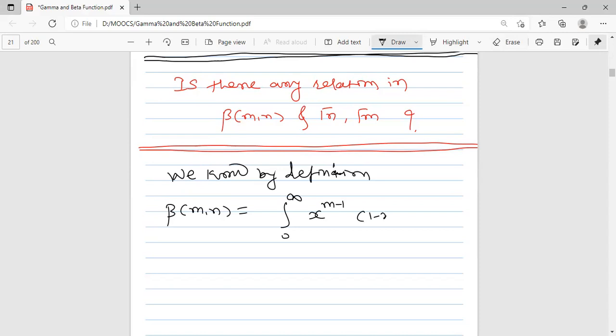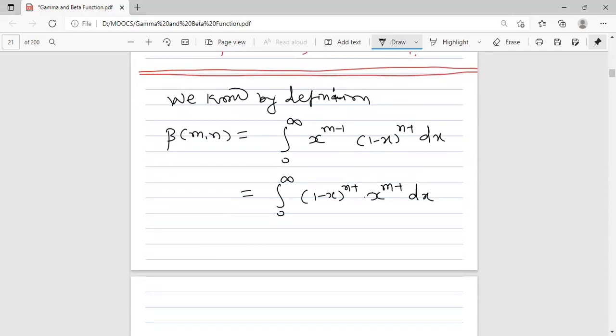Now I will write this integration of 1 minus x raised to the power n minus 1 into x raised to the power m minus 1 dx. Then I will suppose this is my first function and this is my second function, and applying integration by parts.